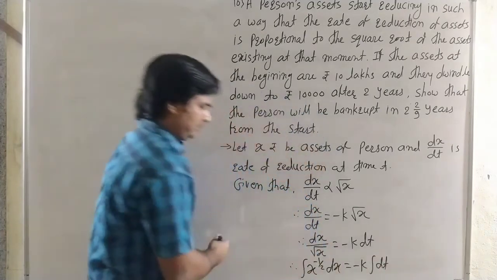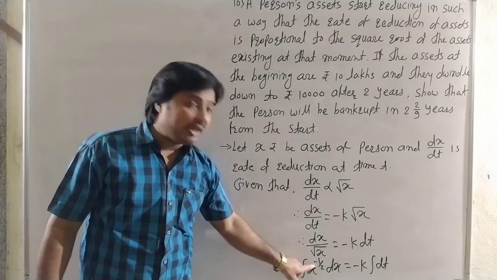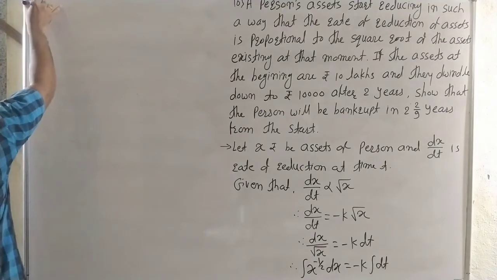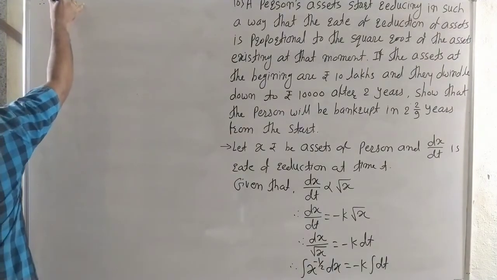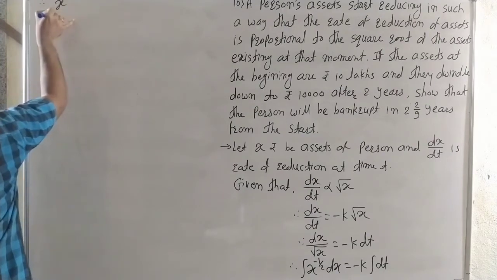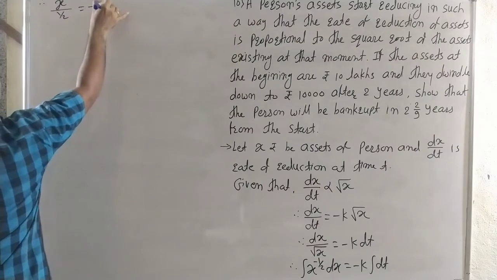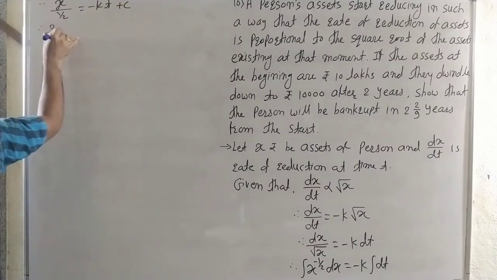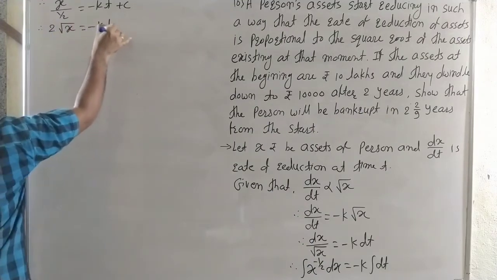See carefully this. Here 1 by under root x, we can write x to the power minus 1 by 2, and now integrate this. Then we get x to the power 1 by 2 upon 1 by 2 is equal to minus kt plus c, and therefore 2 into under root x is equal to minus kt plus c.